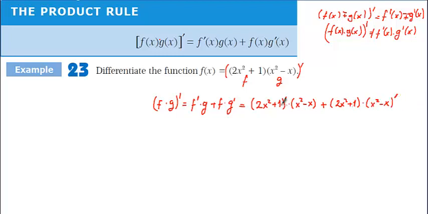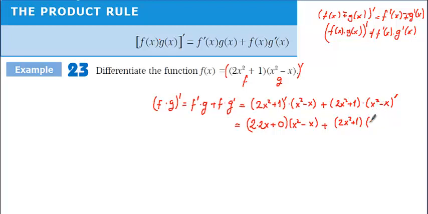I'm going to apply the derivative only to the second one here, not to the first one. The derivative of 2x squared is 2 times 2x, which is 4x, plus 0, since the derivative of 1 is 0. We don't change the second one. Then we write 2x squared plus 1 again, and only take the derivative of the second one.